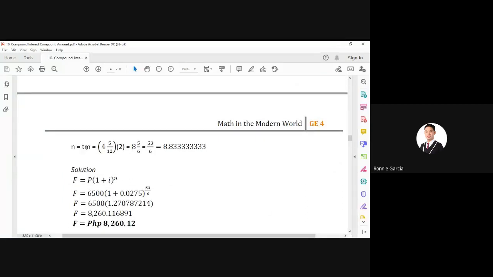And since ang t is taas man kaayo, 4 and 5 over 12, 5 divided by 12 is already a non-terminating decimal times 2 pa jud kay semi-annually. So ato ang value sa n is actually in ani 8.83333 and so on. Taas-taas pud siya. So pwede pud nimo dili putlon siya. You get the exact value.